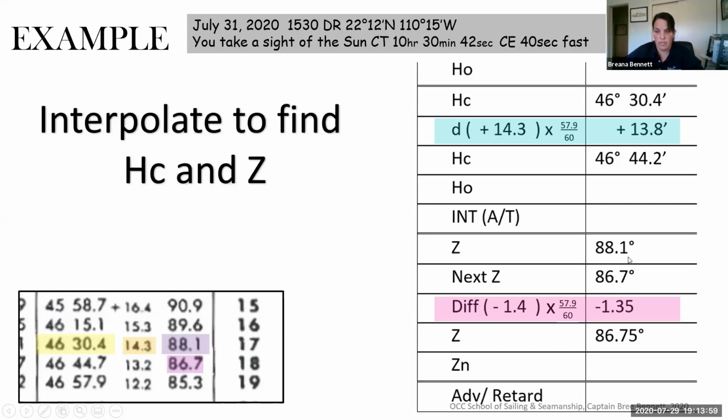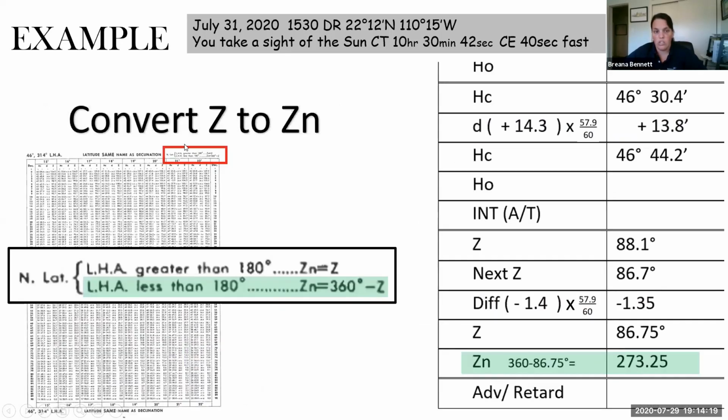I know I have to be in between these two numbers, and I'm slightly more than the bottom one. So that makes sense with the mental interpolation. So you're subtracting this number from the Z. And then we have to convert our Z to Zn. So we are in the northern hemisphere.